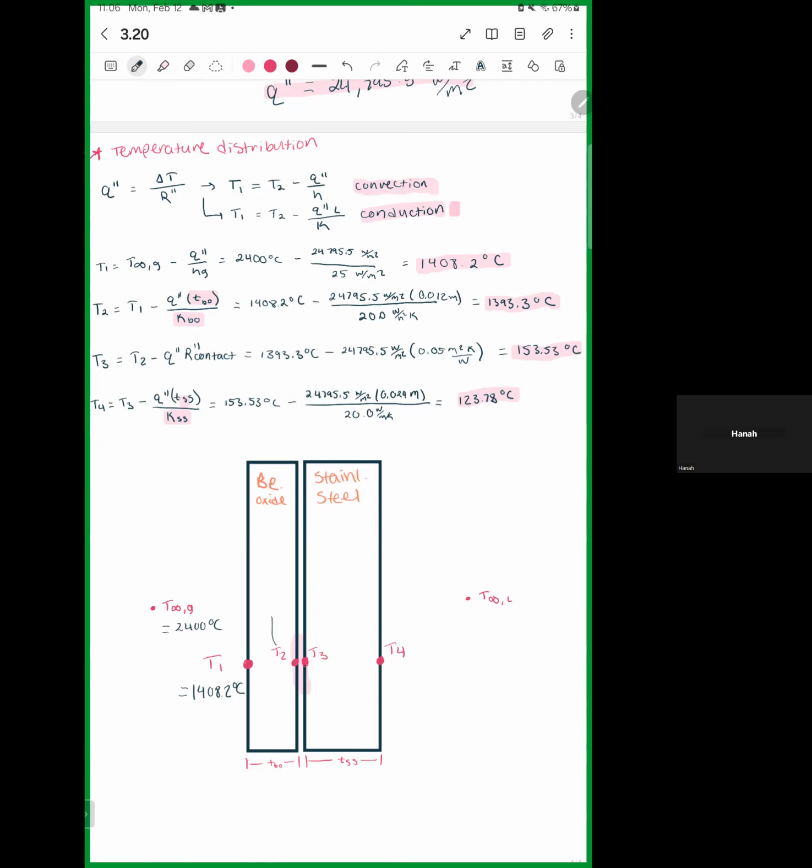T2 was equal to 1,393.3 degrees C. T3 was equal to 153.53 degrees C. And then T4 is equal to 123.78 degrees Celsius. I believe T infinity of the liquid was equal to 100 degrees C.